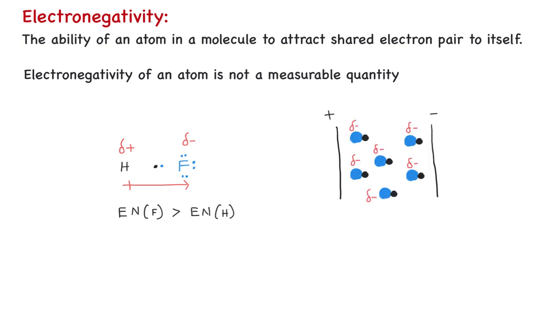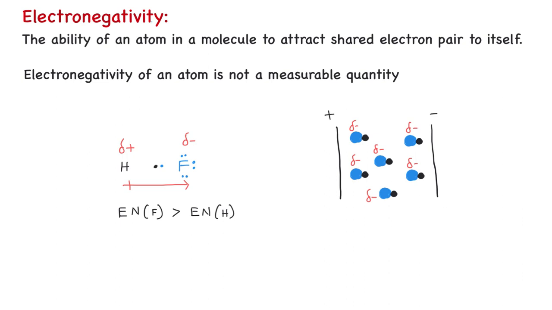If we place a sample of hydrogen fluoride molecules in an external electric field and turn on the electric field, the molecules in the hydrogen fluoride sample orient in such a way that the fluorine atoms, which are partially negative, orient themselves towards the positive pole and vice versa.